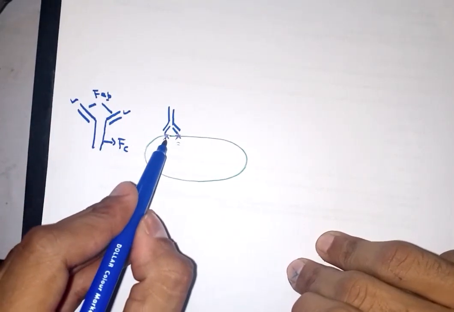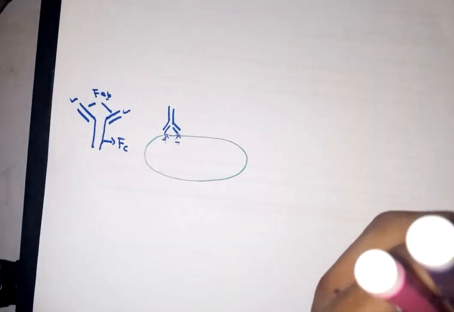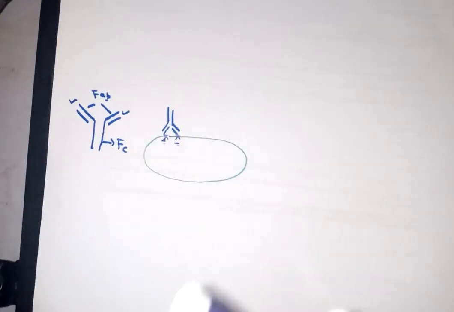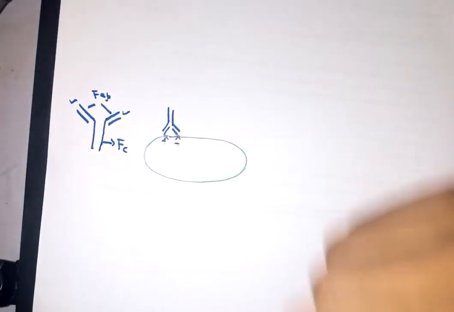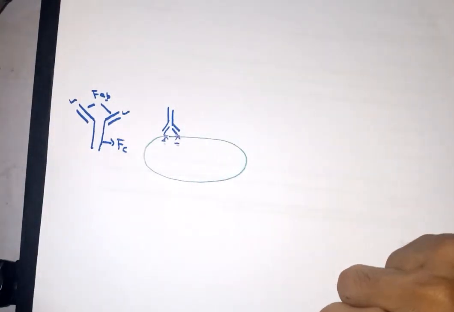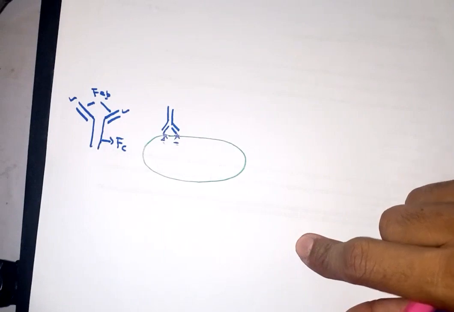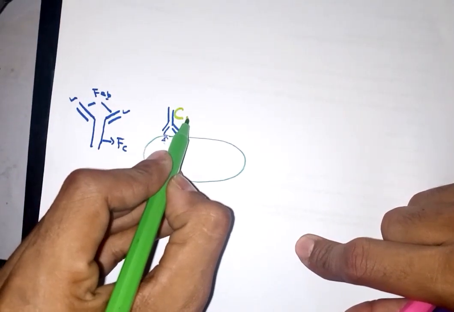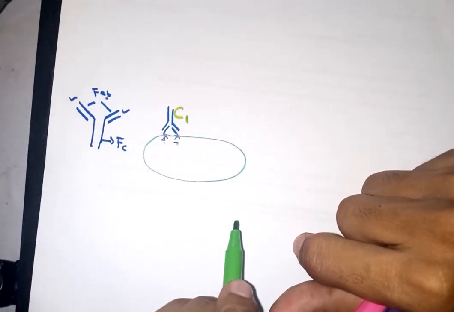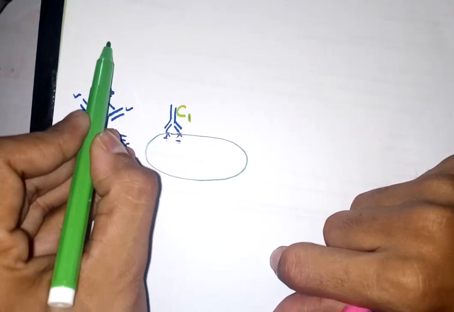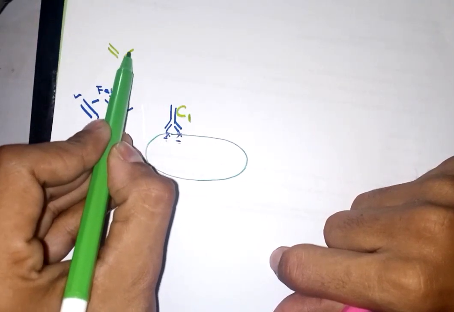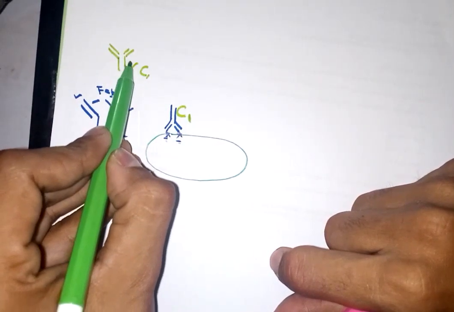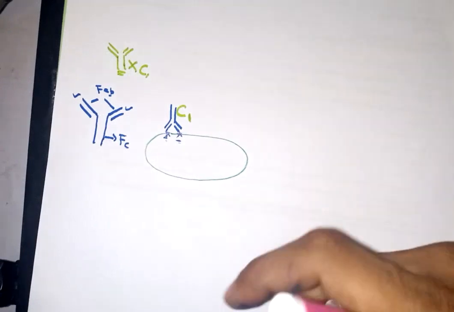The Fab region is used to bind with the antigen, and after the antibody antigen interaction, this antibody will be able to attach the first complement protein, that is C1, with its Fc portion. When this antibody was free in the blood, it was unable to attach C1 with this Fc portion.